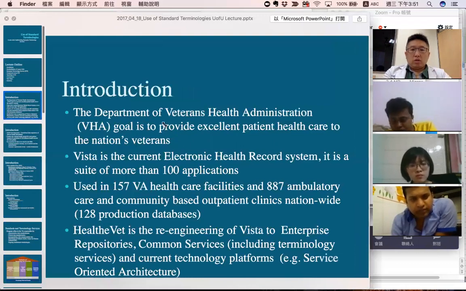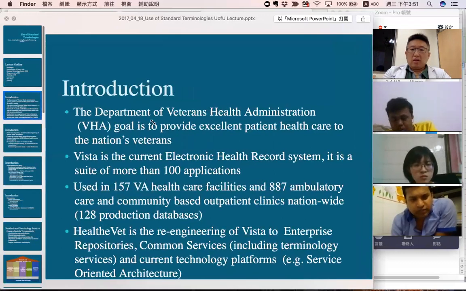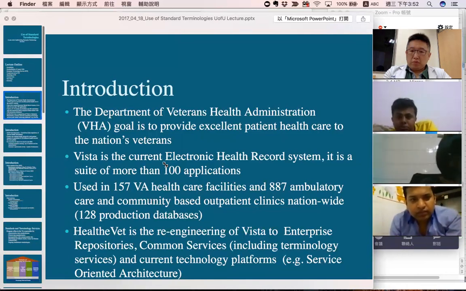The VA belongs to the Department of Veterans Administration. Like I introduced, the VA has a big electronic health record system. In this case, they have a version called Vista.